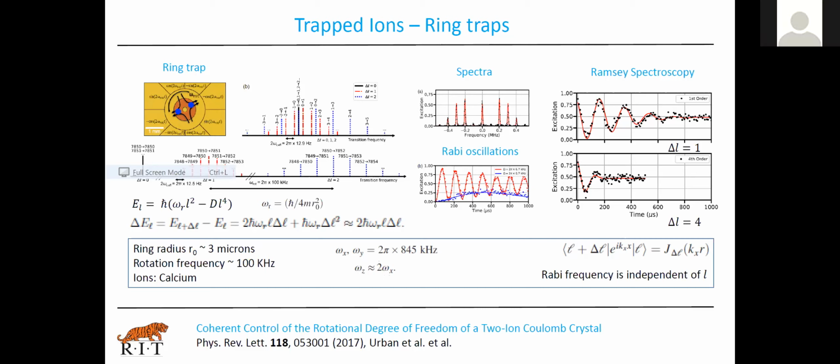But do they show that it's actually due to the two ions, versus it's a collective? The L is the collective angular momentum as opposed to single ion transitions. So they can dial the frequency.